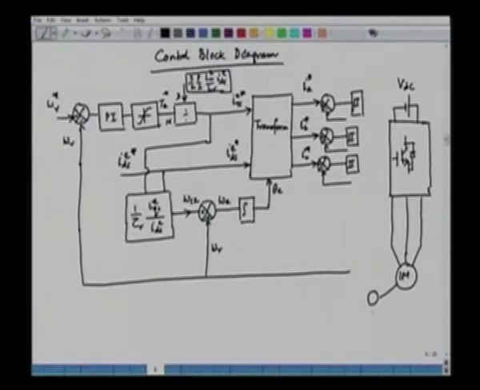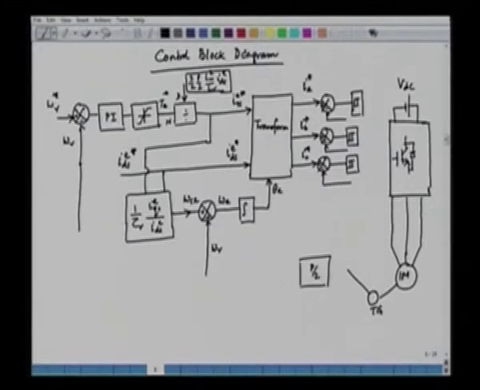And we have a speed sensor or a tacho generator here. The tacho generator will be giving the output, and this is omega R. This will be giving us a mechanical output. So what we can do here is multiply this by P by 2.